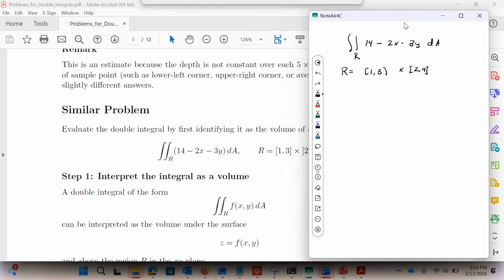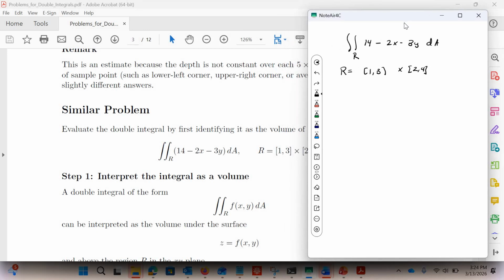What that means is your x goes from 1 to 3, and your y goes from 2 to 4. And they ask you to set up an iterated integral. The order doesn't matter here because they didn't tell you.